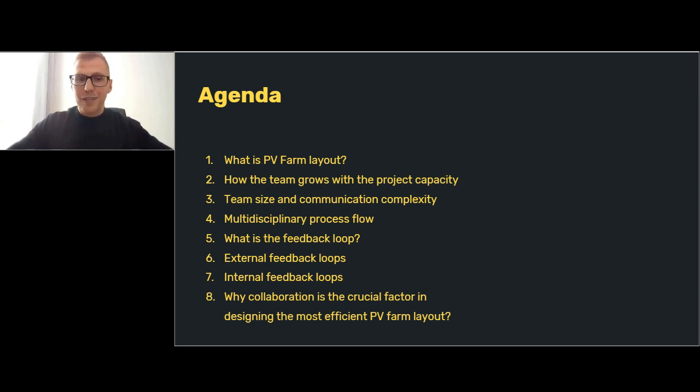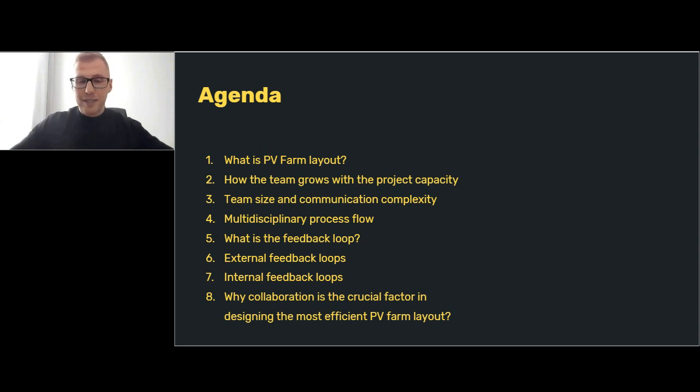We will also talk about what a feedback loop is, and go through a couple of examples of external feedback loops and internal feedback loops. And finally, we'll put all the things together and answer the question, why collaboration is a crucial factor of designing the most efficient PV farm layout.